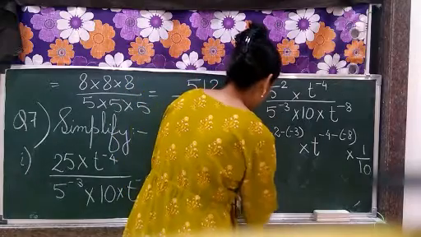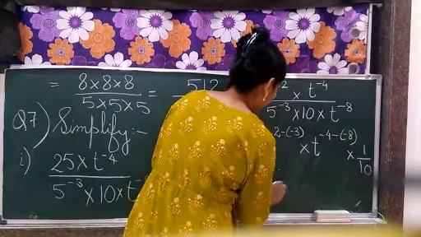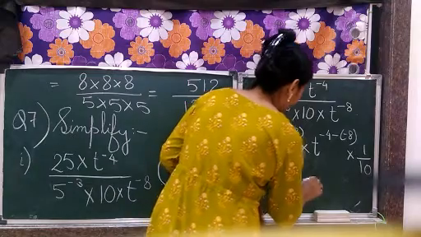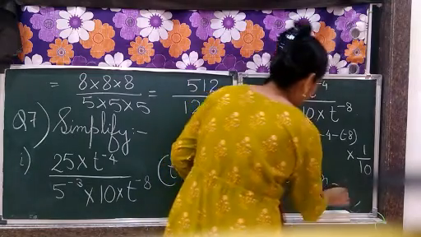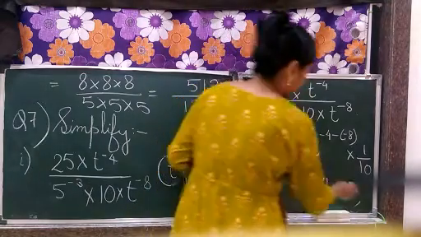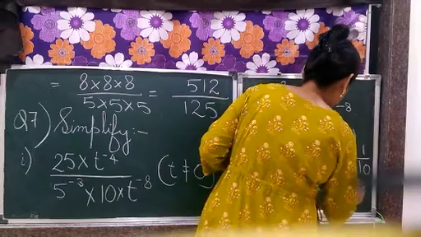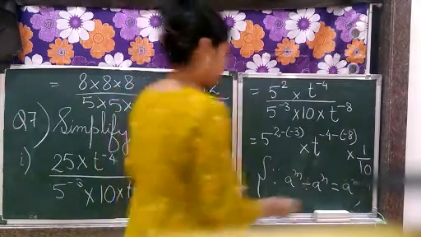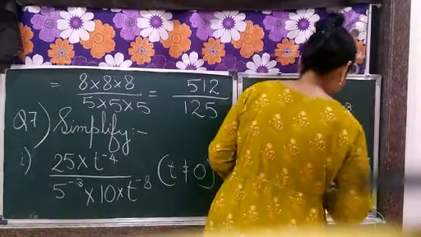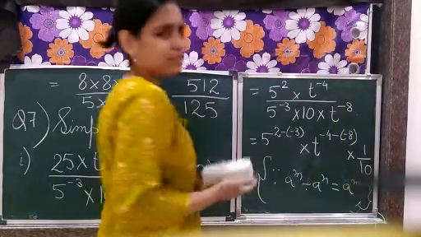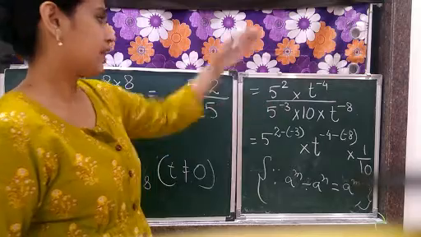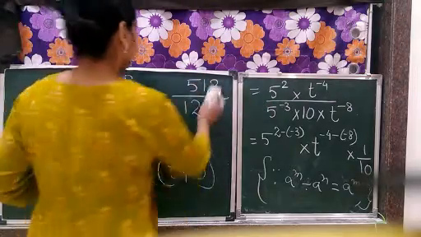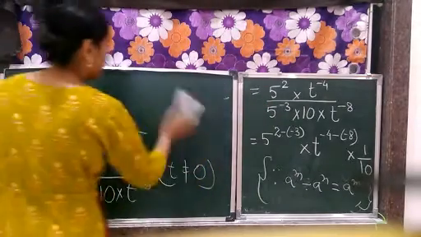Now here you can write, since a raised to m divided by a raised to n, when the bases are same, then we subtract the exponents in division. Okay, what we have done here. And if you don't want to do, then simply remove the negative sign and you can simply solve by dividing them.